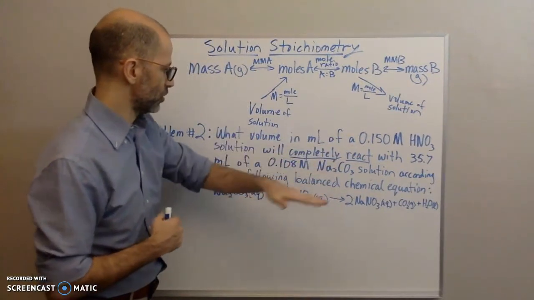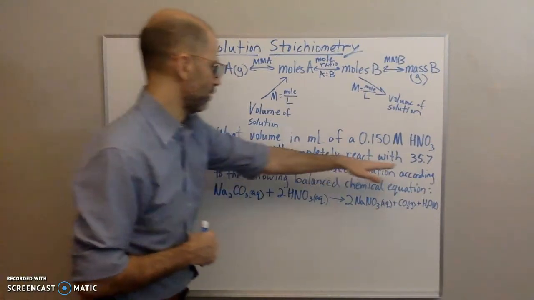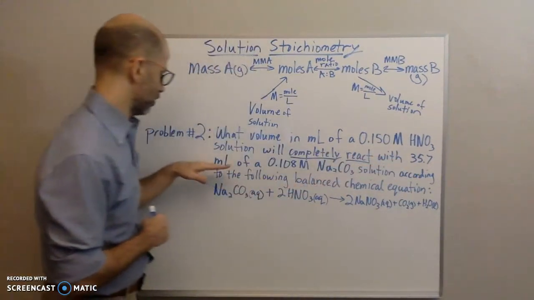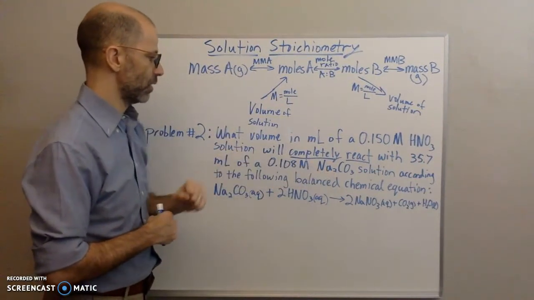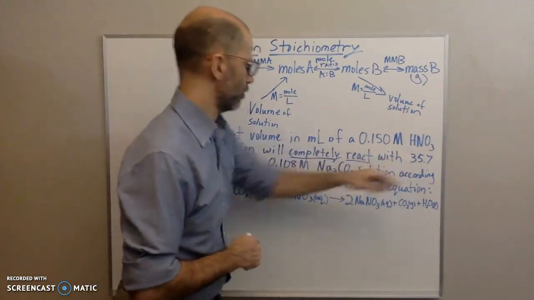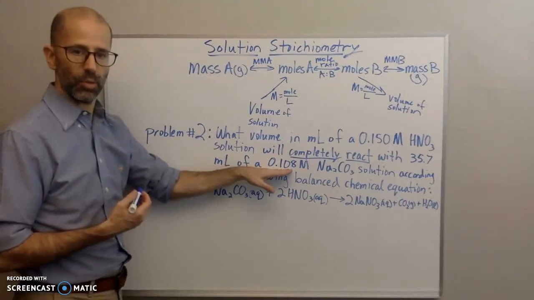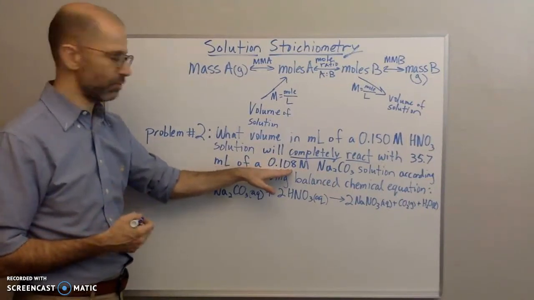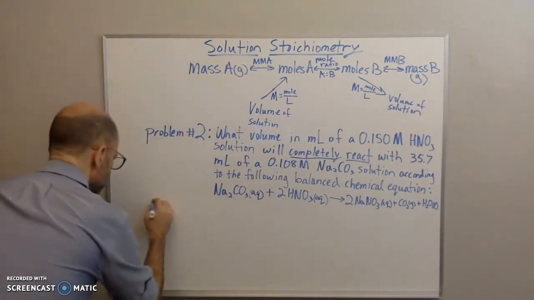Our best bet is to start with the other substance that they give us information about. They give us 35.7 milliliters of this molarity of sodium carbonate. We're not going to start with the molarity, we're going to use that as a conversion factor. So we're going to start with the 35.7 milliliters.